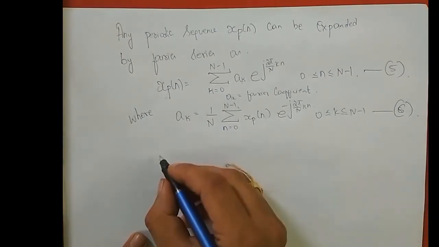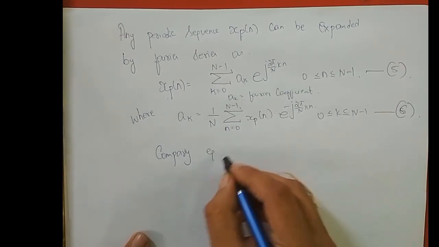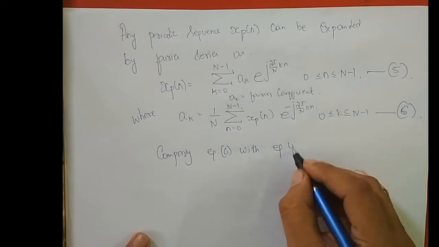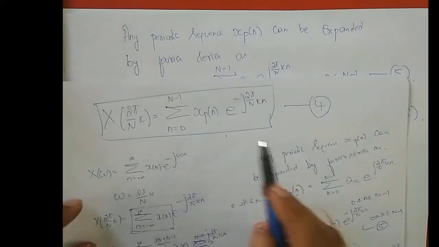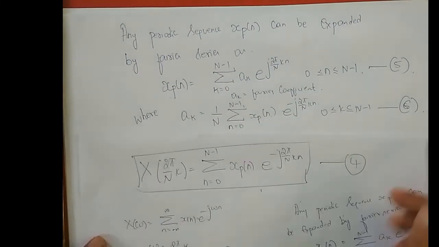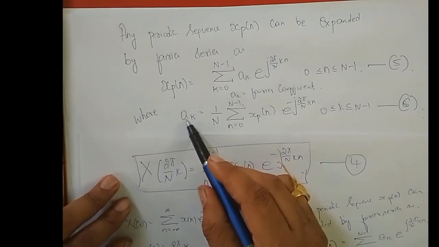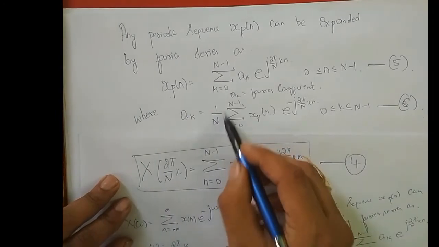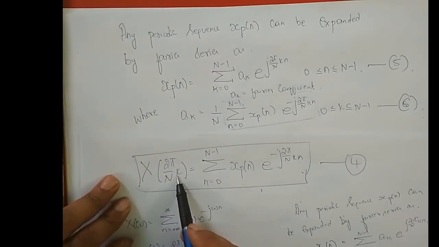Now comparing equation 6 with equation 4. This is our equation 4 and this is our equation 6. If I compare, what do I get? So a k is equal to 1 by N into this entire thing, which is what? X of 2 pi by N into k, right?